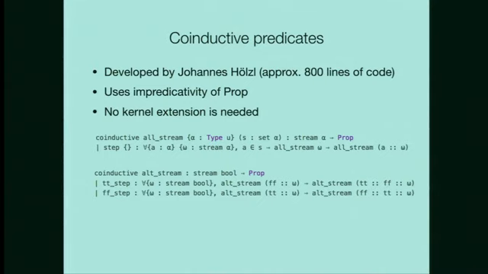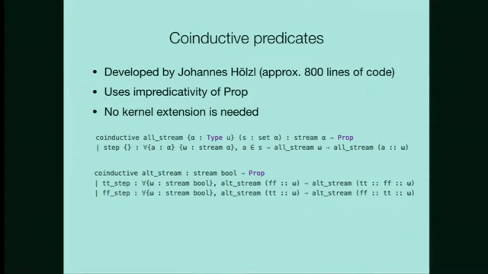CompCert has like 12 co-inductive types, but around 11 are co-inductive predicates. I don't know the exact number. There's only one co-inductive type that's not a predicate, which is the stream that we have in Lean already.